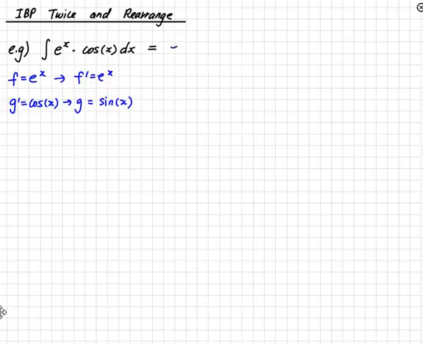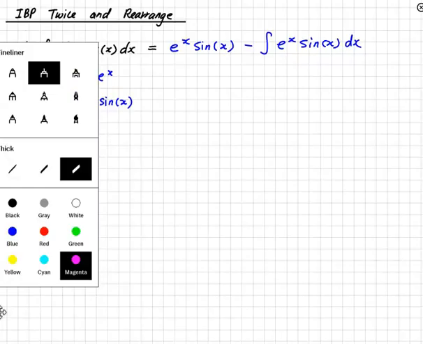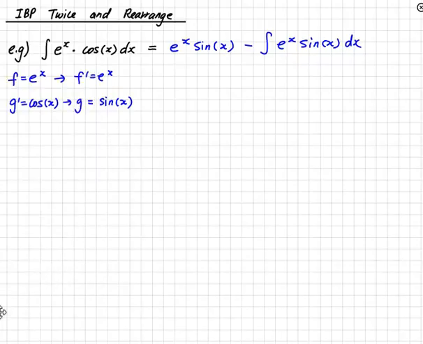So f times g is e to the power of x times sine x, minus integration of f dash g, which is e to the power of x sine x. Now, again, from here, you need to use integration by parts. So let's again let e to the power of x be f, and sine x will be g dash. So f dash is e to the power of x, and g is the integration of sine x, which is negative cos x.